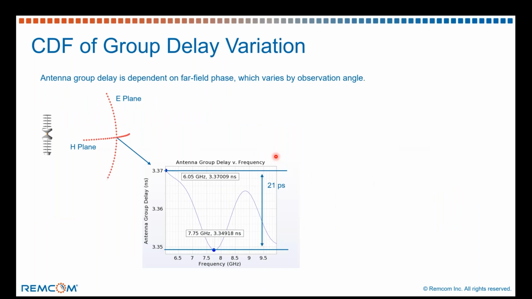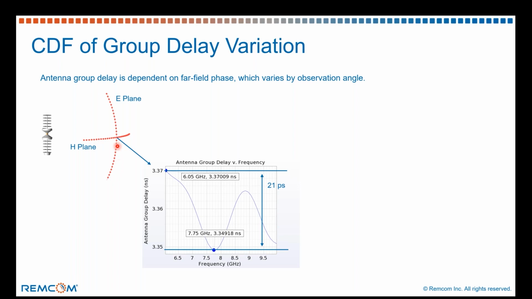If we then move on, we mentioned that group delay is a function of the far zone far field phase pattern. And so instead of just looking at the single point directly between the antennas, we're able to look at a couple of cut planes around the antenna. So here we've set up 2 planes for an observation angle. We have the H plane as well as the E plane.